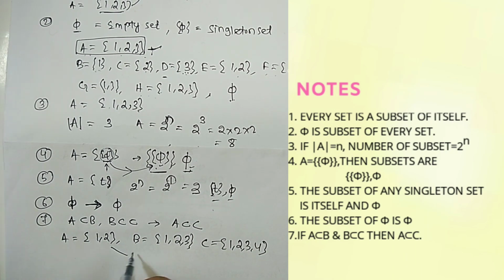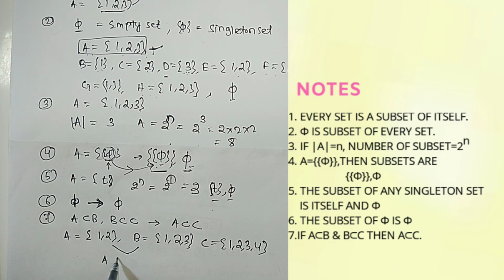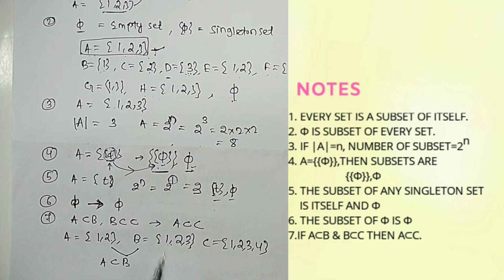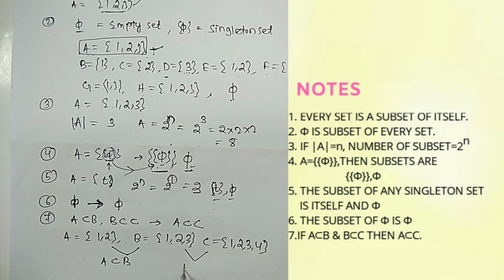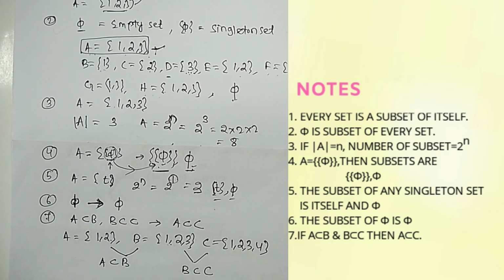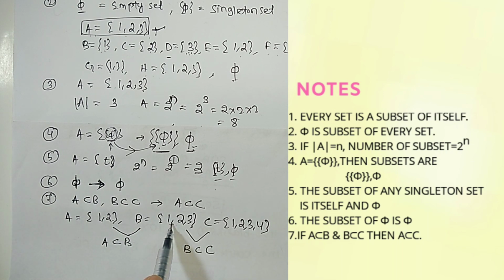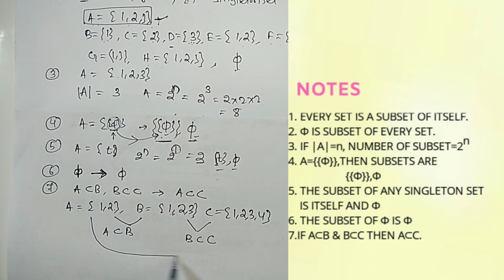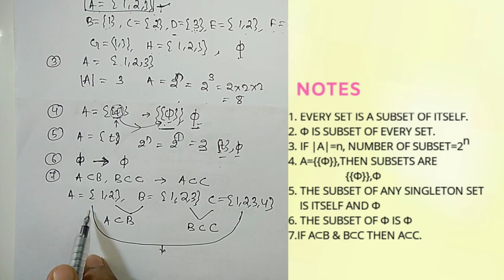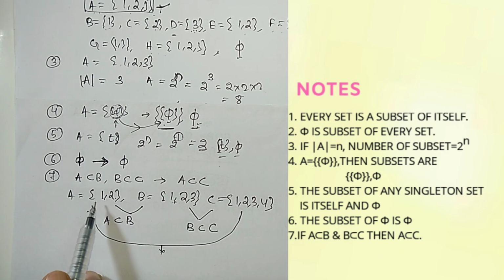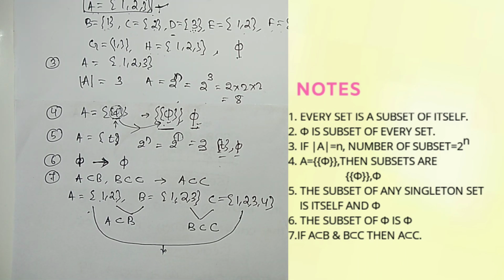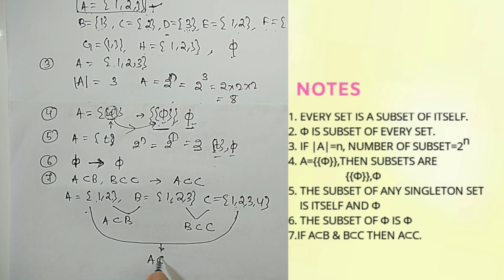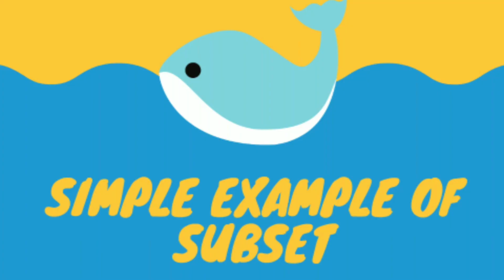Here, if you consider A and B, we can say that A is a subset, or part, of the set B, as the two elements 1 and 2 are present in set B. Again, from sets B and C, B is a subset of set C, because all the elements in B are contained in set C. Now we will consider A and C. The set A has the elements 1 and 2. So the set C has 1, 2. So A is a subset of C.